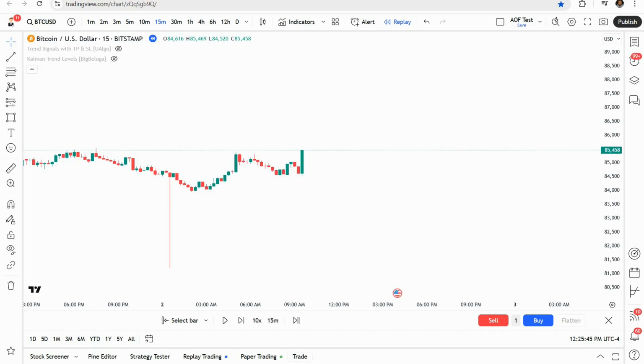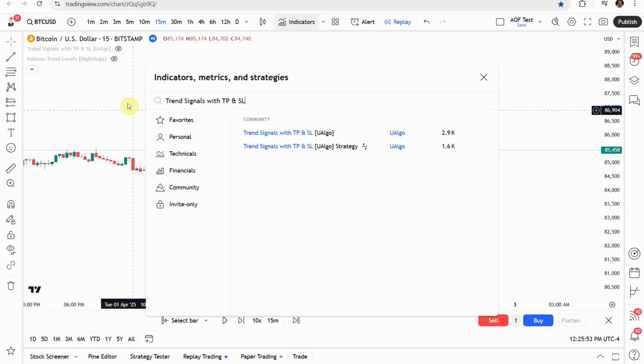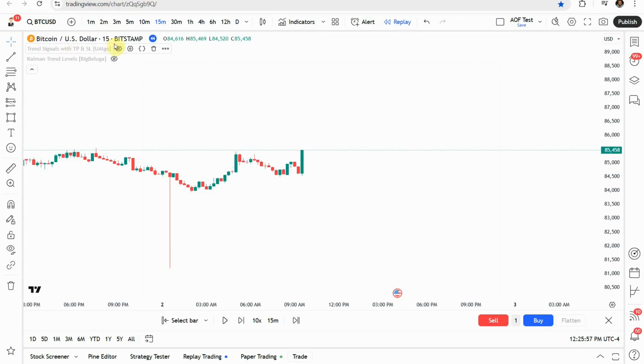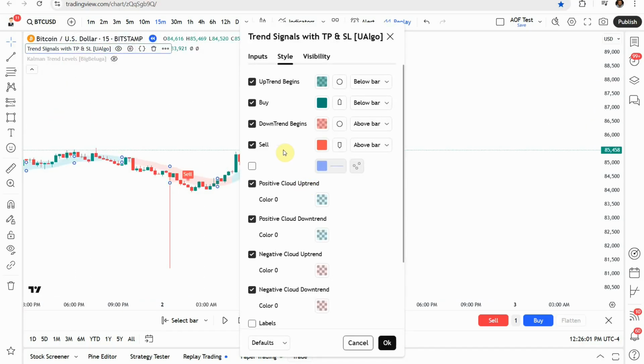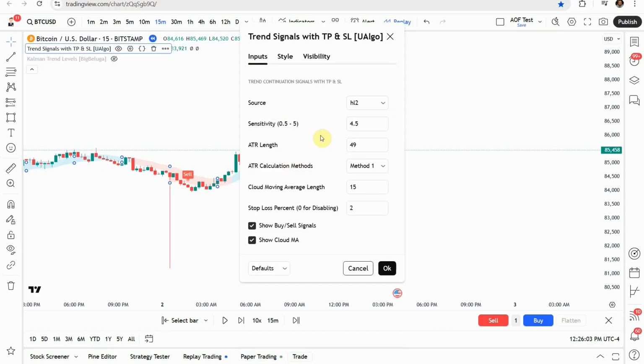The first indicator we will add to the screen is going to be the trend signals with TP and SL. It's going to be this one right here. Go ahead and click on that and add it to the screen. And we are going to jump into the settings of this one and jump into the inputs.